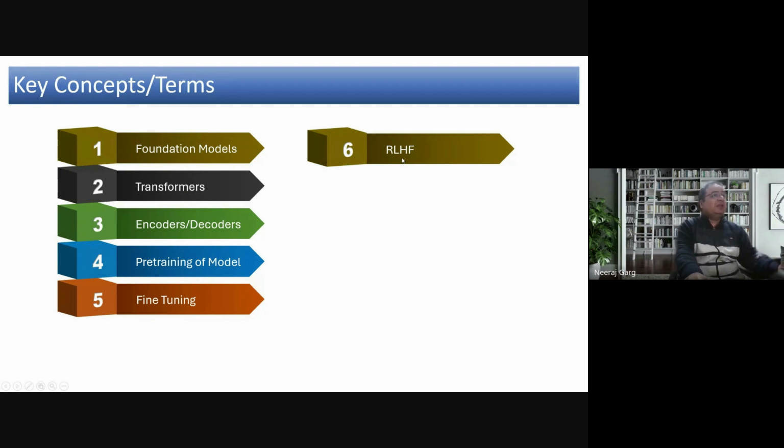RLHF stands for reinforcement learning from human feedback. Sometimes in order to train a model, human interference is required to tell it that yes, this output is not acceptable, or this output is wrong.